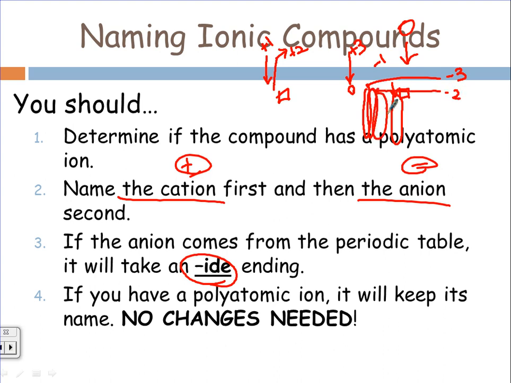How about fluorine's column? Okay, now watch this. Only the columns that have negative charges when it becomes an ion will have the IDE ending, not the positive columns. So, when phosphorus becomes an ion, what would it be called? Phosphide. How about sulfur?